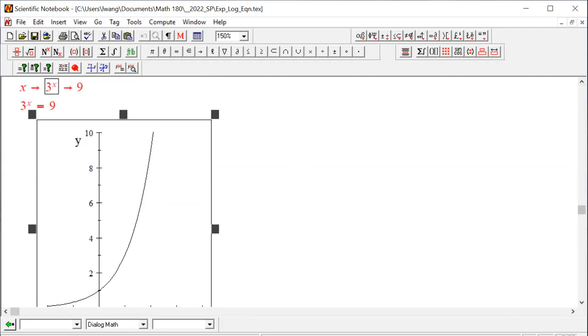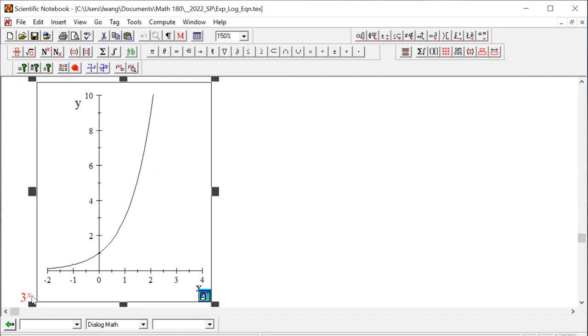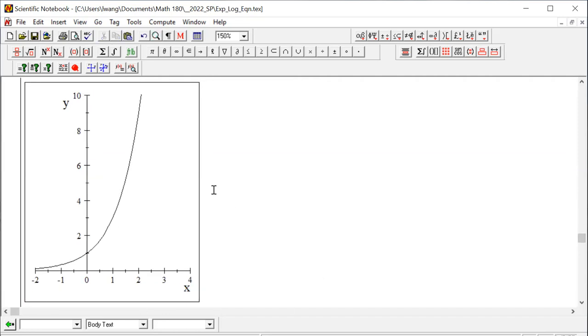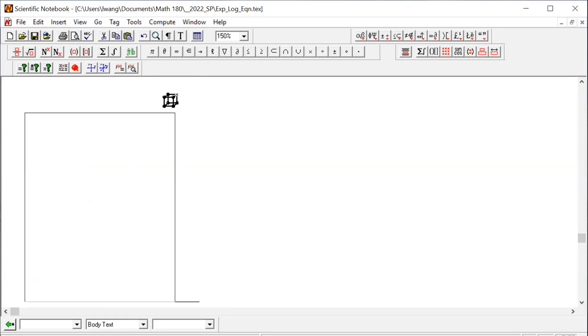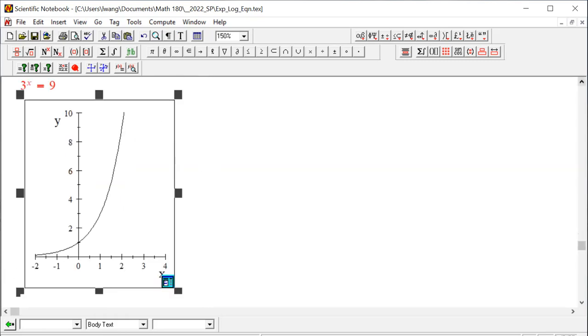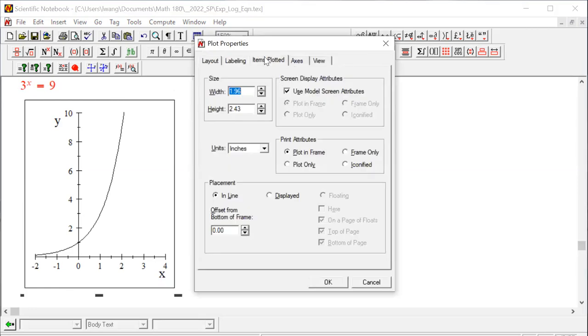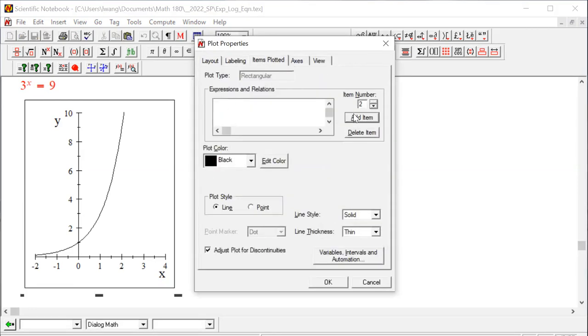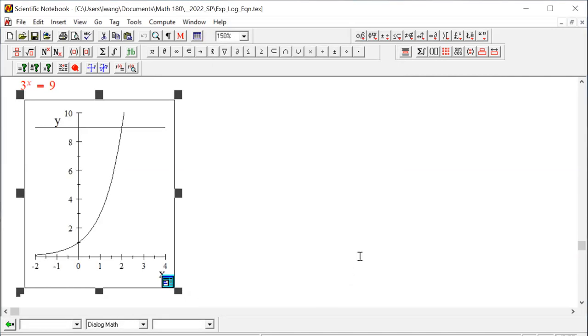We know the output. The output is 9. What does that mean? Well, a horizontal cut. We draw a horizontal line, and the horizontal line crosses the curve at a point.